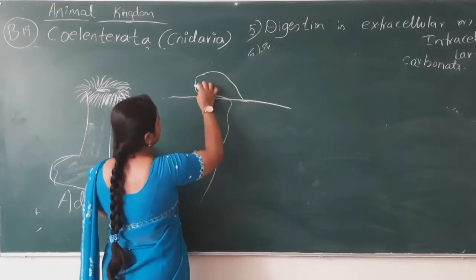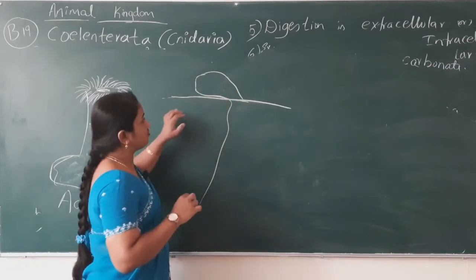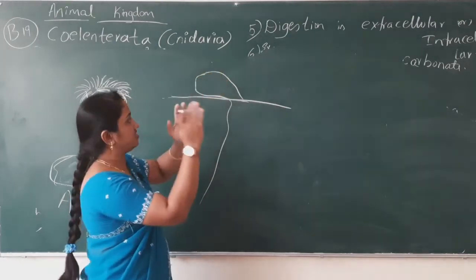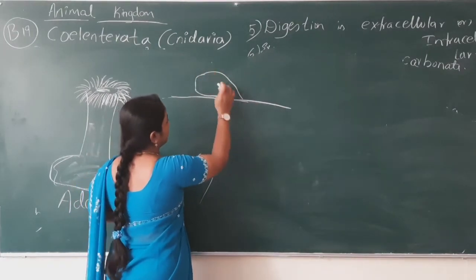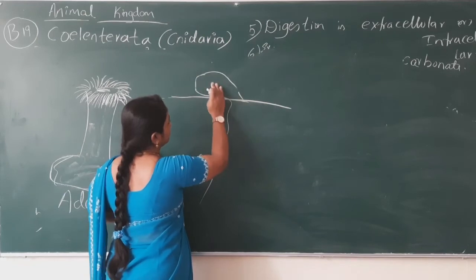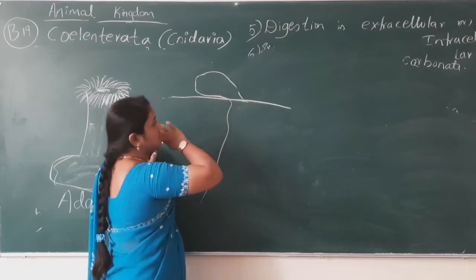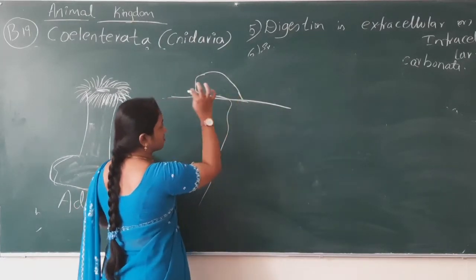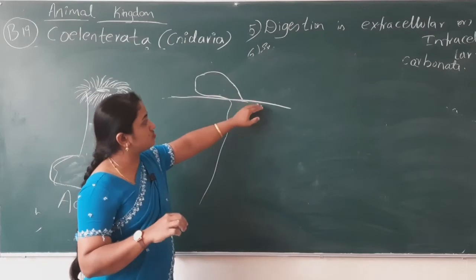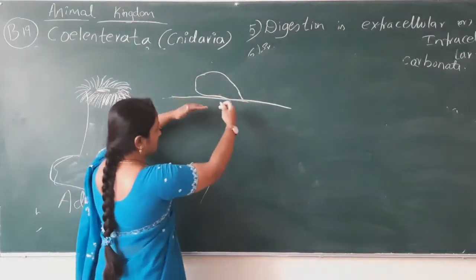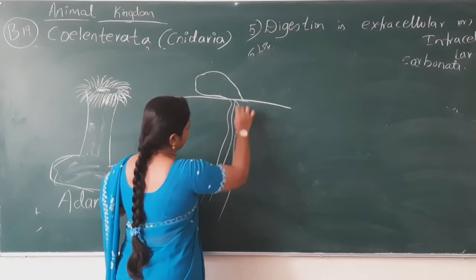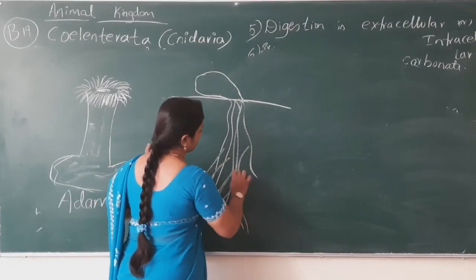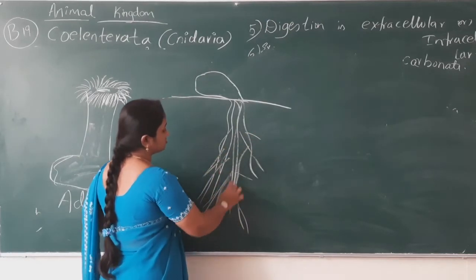On the water surface, it has a pneumatophore, a gastrovascular cavity. This cavity is filled by air, or gas, and because of that nature it always floats on the water surface, and under the water surface it has numerous tentacles.